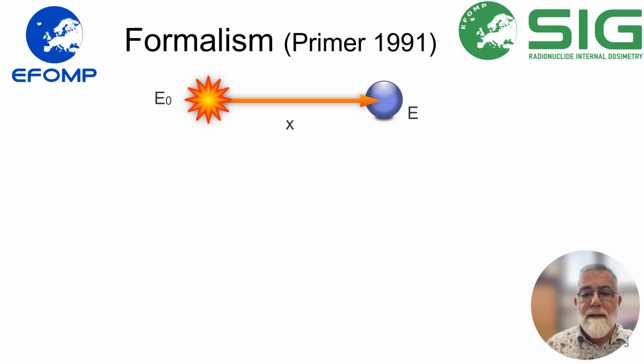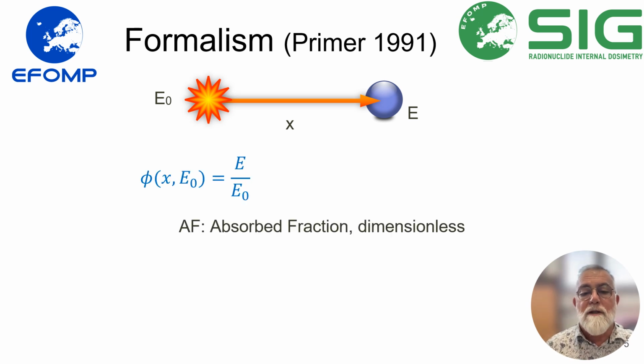If at a distance x from the emission point, in a very small volume, and I'm not saying a differential, but I'm getting very close, you've got the absorbed energy, which is E. Then you introduce the absorbed fraction as just the ratio of E divided by E0. And as you can see, because it's an energy divided by an energy, the absorbed fraction is dimensionless.